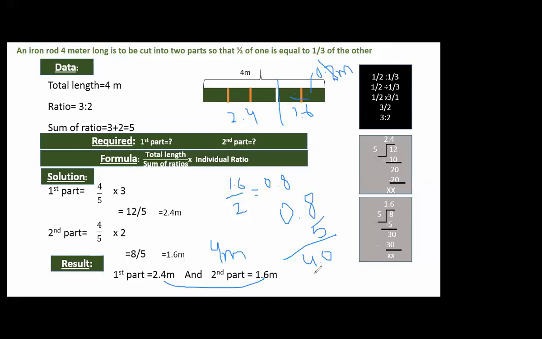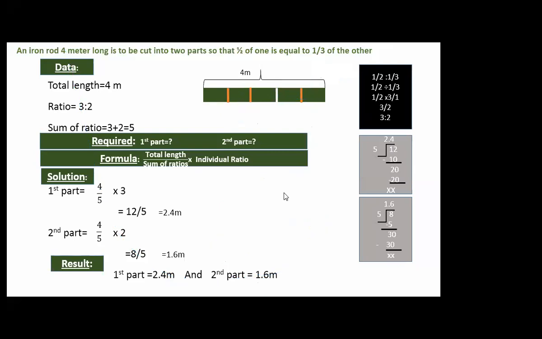We get 4.0. That means 4 meters, and that is our total length. That means our answers are correct. Got my point? So in this way you can check your answers, and in this way you can understand this problem.